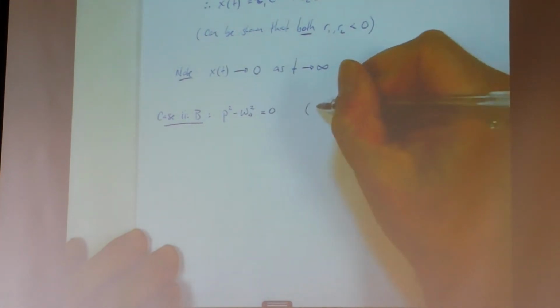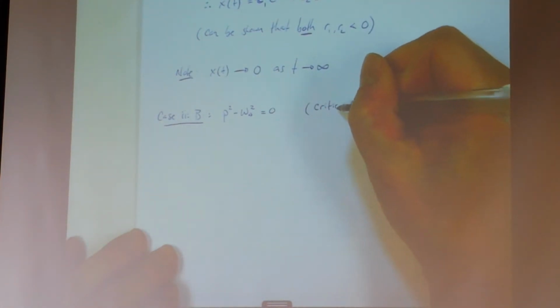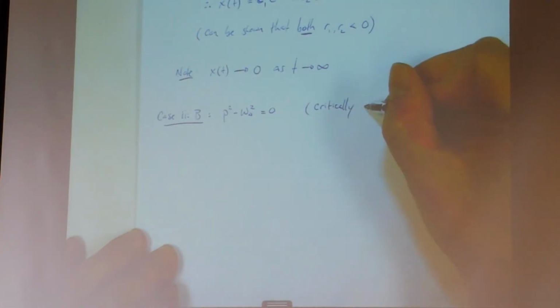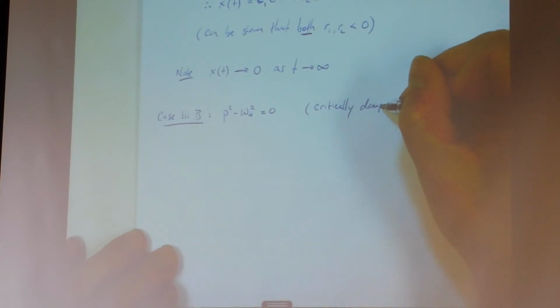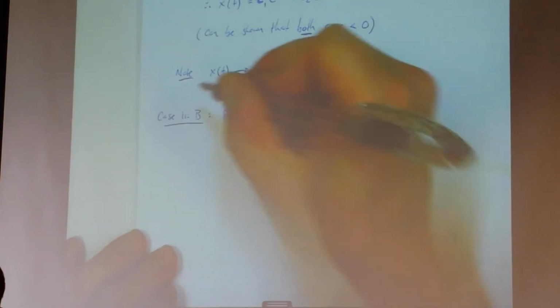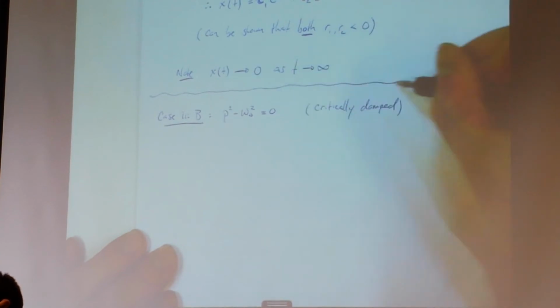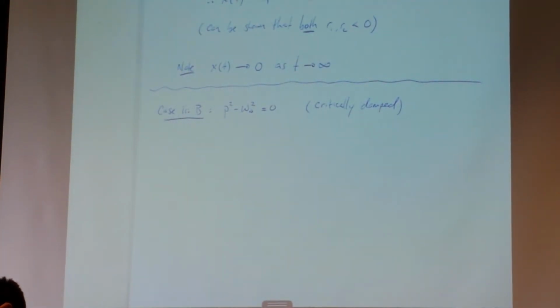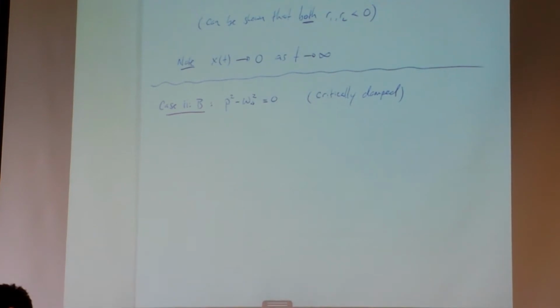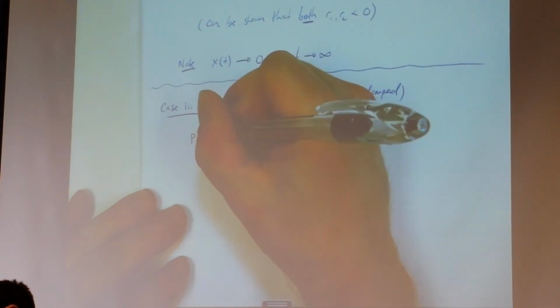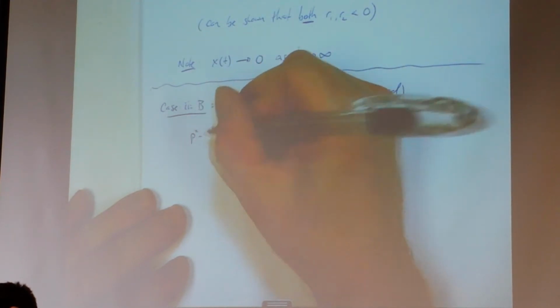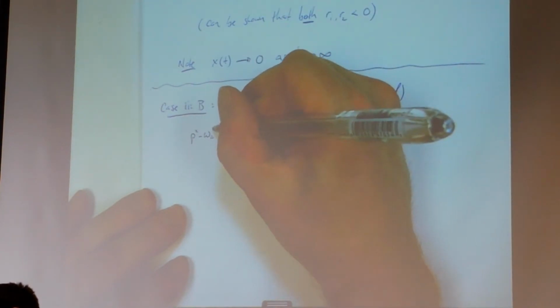This is the one that they say is critically damped. So if that drops out, then what does our characteristic equation look like? Negative p. We get one solution.